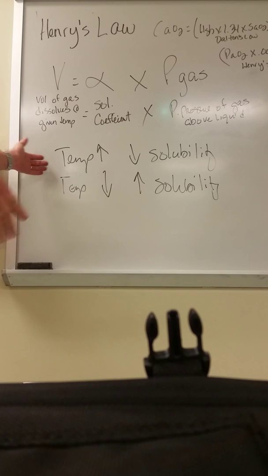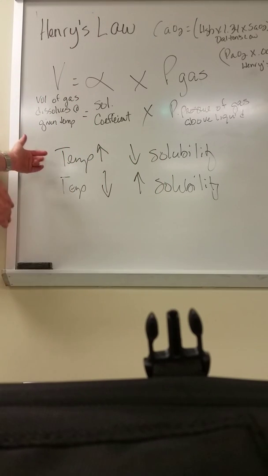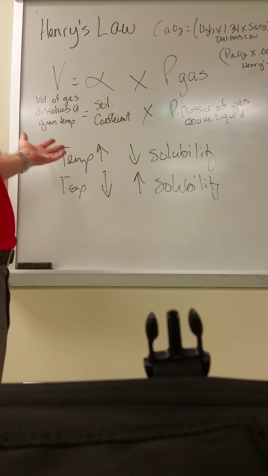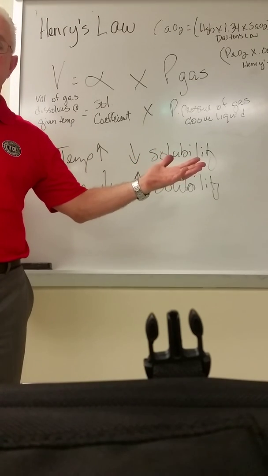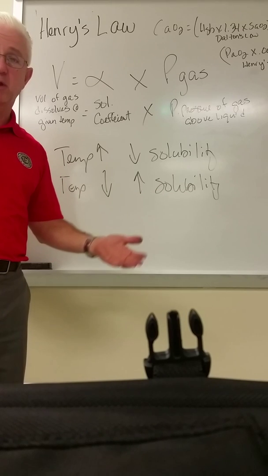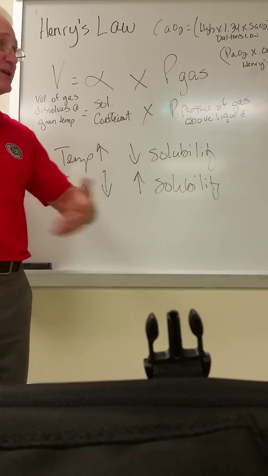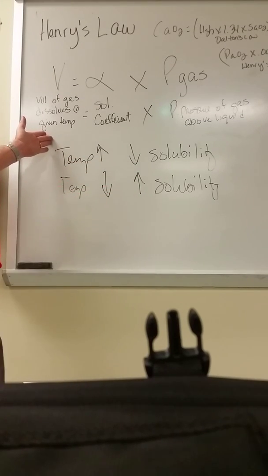The one part I didn't tell you about is why would temperature really be a big deal? Well, what does temperature really do? Temperature actually increases the kinetic activity of the molecules. As temperature goes up, kinetic activity of these molecules goes up, and that allows these oxygen molecules to escape, thereby decreasing the partial pressure of that gas in that given liquid. So as temperature goes up, the kinetic energy goes up.